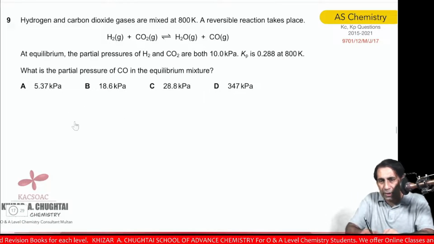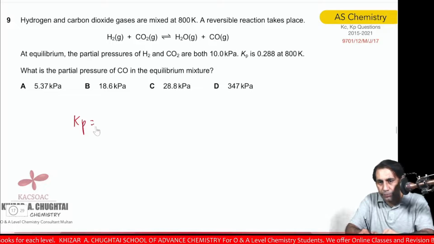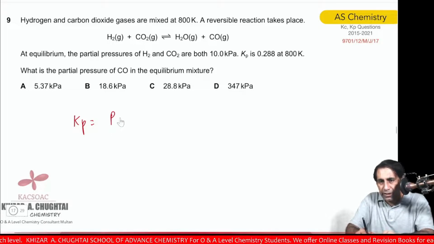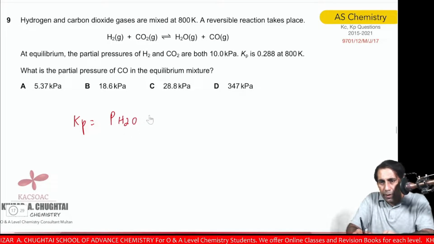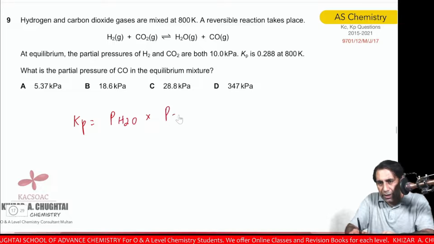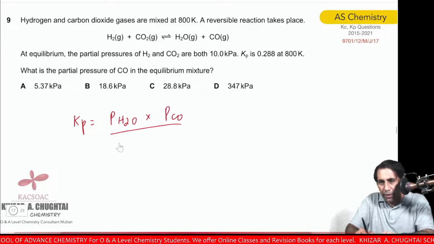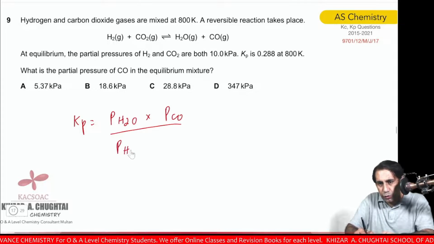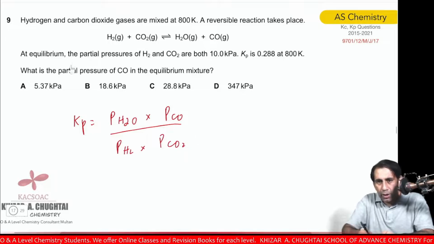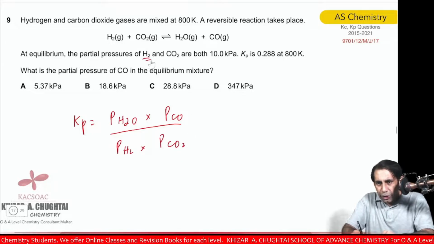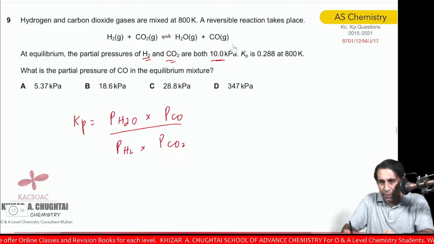Once again, I am going to write its expression. Kp is equal to partial pressure of H2O multiplied by partial pressure of CO divided by partial pressure of H2 into partial pressure of CO2. Partial pressure of H2 and CO2 both are equal to 10 kilopascal.